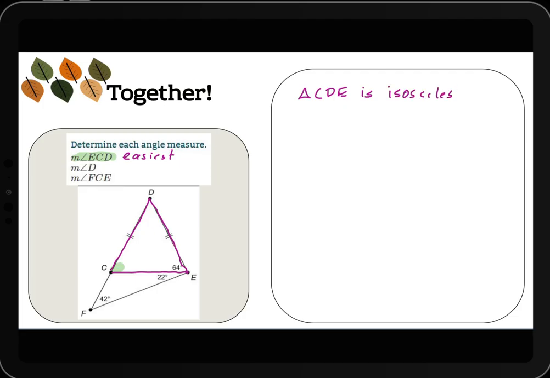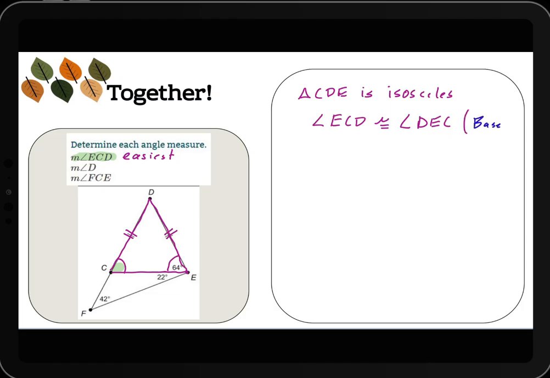Now, if it's isosceles, that tells us information that we know about the base angles, right? Of course, you see the side lengths are the same, but that also means these base angles will be congruent to each other. So, the angle ECD is going to be congruent to the angle DEC. Those are called base angles, right?